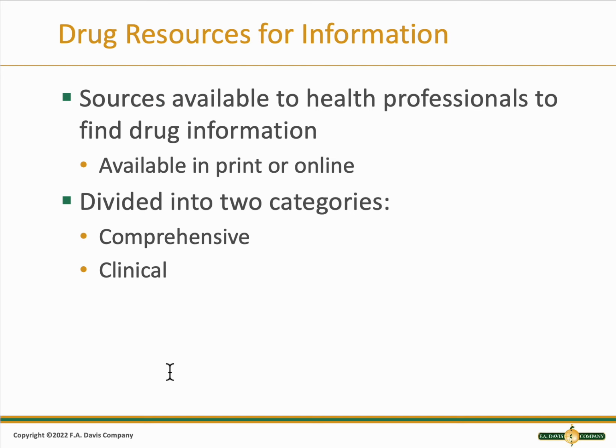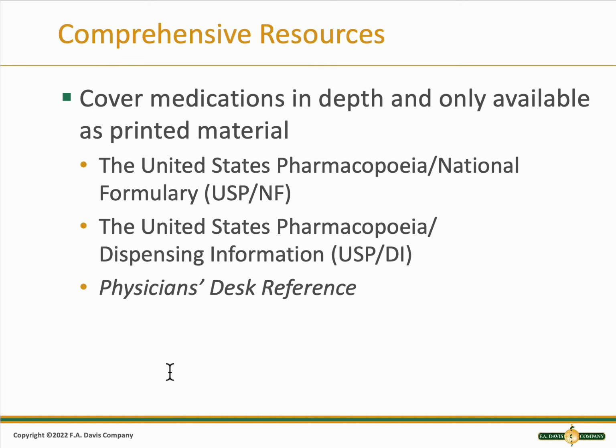All right, so drug sources, resources for information, are sources available to health professionals to find drug information. You can divide them into two categories: comprehensive and clinical. The comprehensive resources are great.